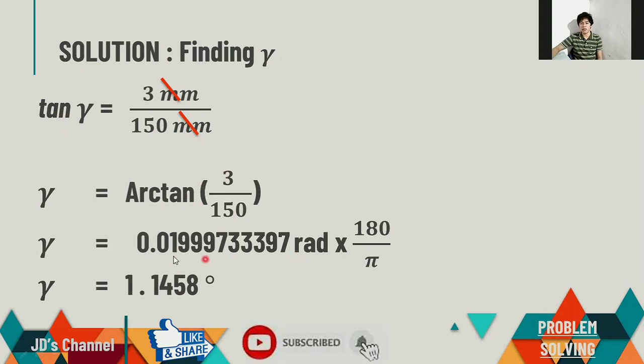Ito naka-radian measure na, class. Kaso nga lang, ito daw is naka-radian. Ang kailangan natin is naka-degree. So i-times lang natin siya by 180 over pi to convert it into degree. And then, class, we will get this 1.1458 degree. Okay? So that is our angle or yung ating shear strain.